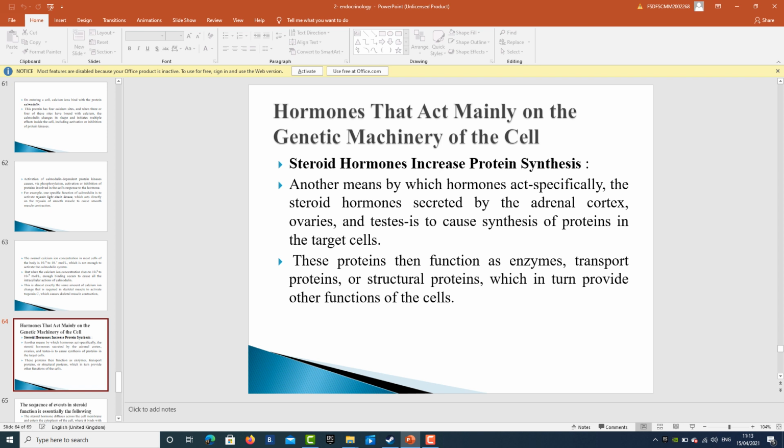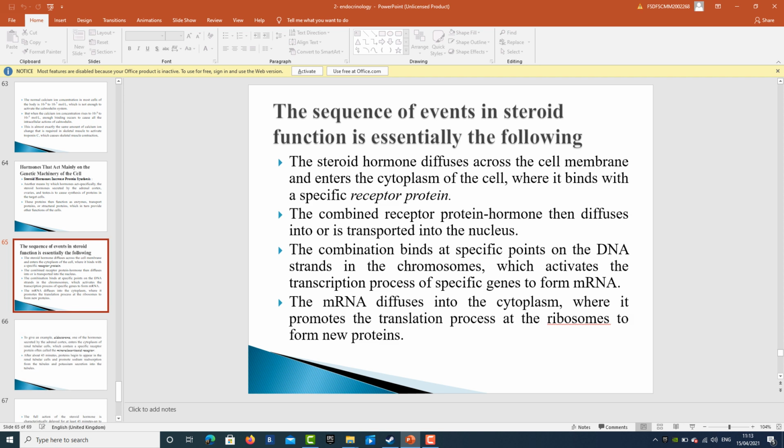Now, these proteins then function as enzymes, transport proteins, or structural proteins, which in turn provide the functions of the cells. Now, the sequence of events is as follows: when the steroid hormone diffuses into the cell membrane, it enters the cytoplasm and binds to a specific receptor protein in the cytoplasm.